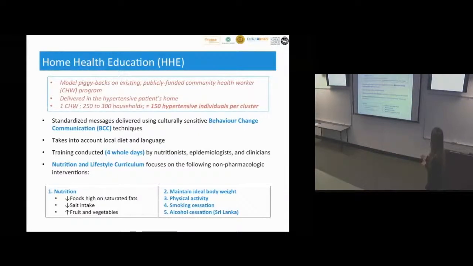We talk about alcohol in the Sri Lankan manual. We don't talk about alcohol in the Pakistan and Bangladesh curriculum because of local sensitivity. We had it initially, and then we were advised to take it out, and so we did. It's not that alcohol isn't consumed in those countries, it's just not appropriate to talk about it. It's underreported, and we listened to what people told us, so we took it out.